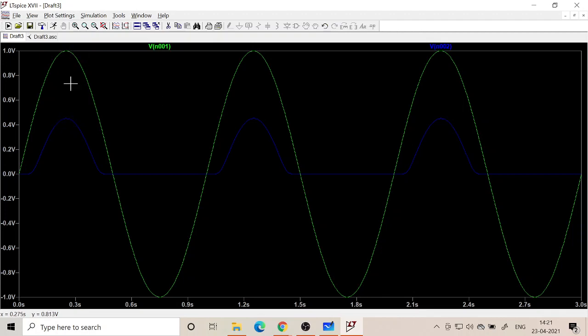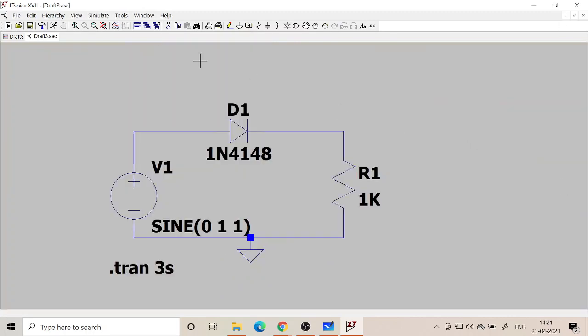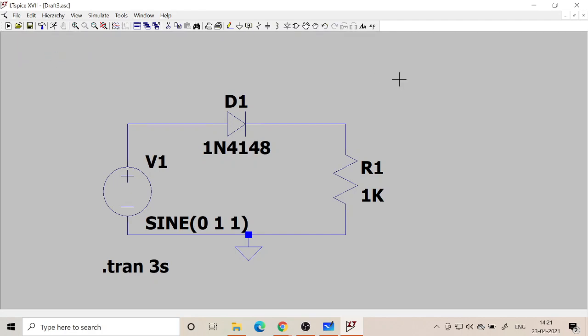This difference is the cut-in voltage, the amount of voltage dropped across the diode. Is that clear? This is one way to find out the cut-in voltage.